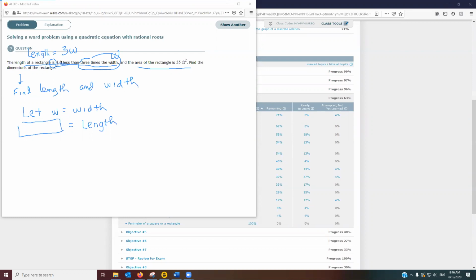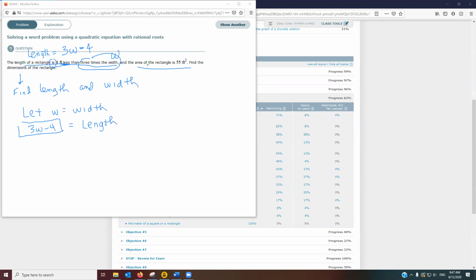And when they say 4 feet less, they mean subtract 4 in the back here. So when you see 4 feet less than, it means subtract 4 from that quantity, right? If I said to you, calculate 4 less than your age, you would have to take your age, subtract 4. All right, so we just figured out the length is 3W minus 4.